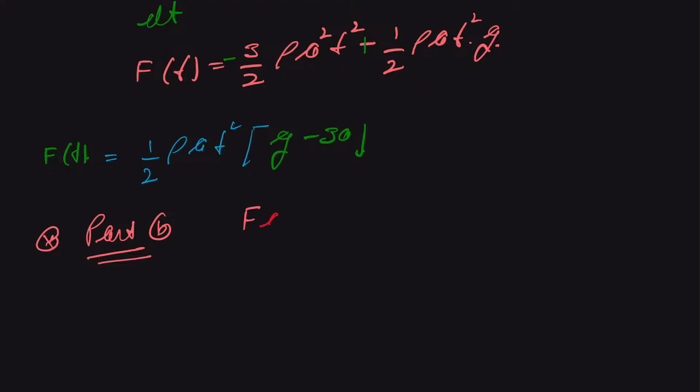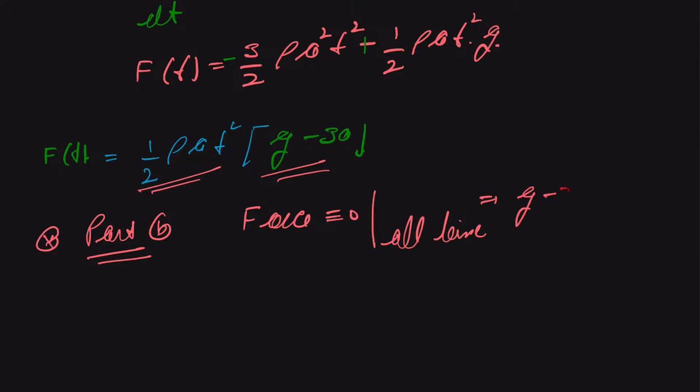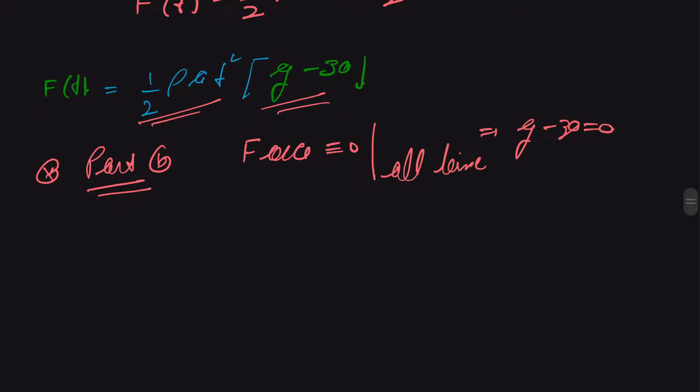Half rho a t square cannot be equal to 0, so the only possibility is g minus 3a is equal to 0, giving us a is equal to g by 3. For this particular value of acceleration, our force will be 0 for all times.